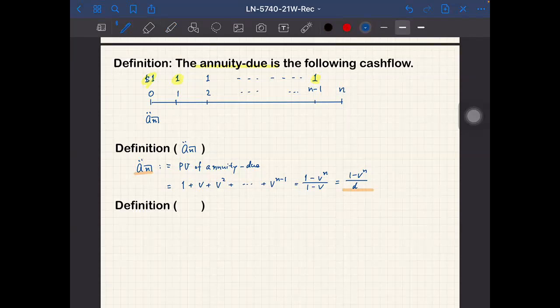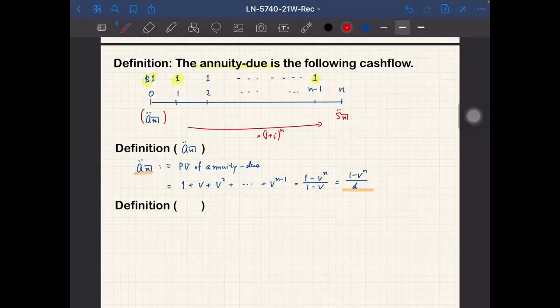Next, we similarly define the accumulated value of this annuity due. The accumulated value is obtained by multiplying by 1 plus i to the nth power. So A double dot right angle n times 1 plus i to the nth power is S double dot right angle n.